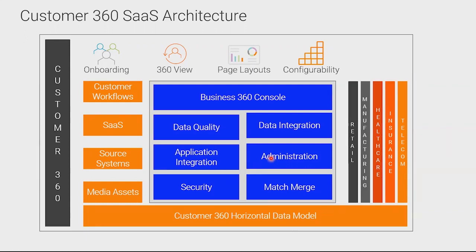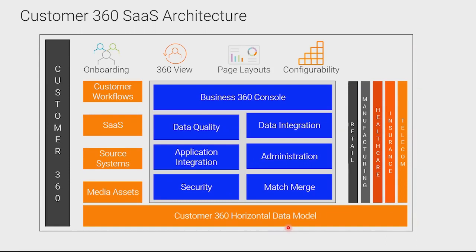And we have an out-of-the-box data model for Customer 360. It has person and organization as its two root parent business entities, along with child entities like email, phone, address, and so forth.